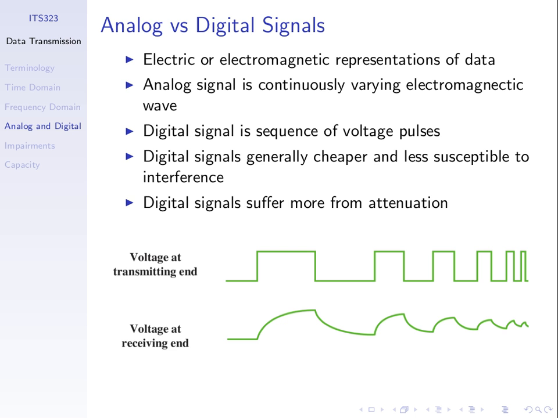Transmit at -1 volt for some period of time, or put on a line a negative voltage, and then change to a positive voltage and a negative voltage and so on. We could use this scheme to represent our data.